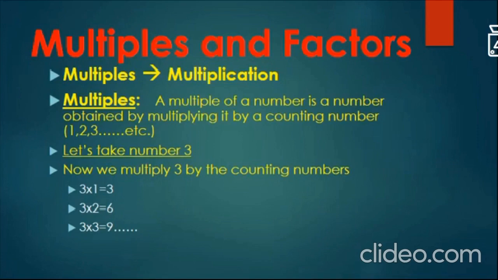Many numbers you can find by multiplying any counting number with 3. You will get the product. So here multiples of 3 are 3, 6, 9, 12, 15, 18, 21, and so on. No limit. You can take any number and multiply it to find a multiple.